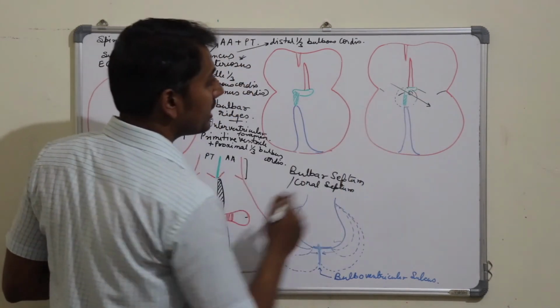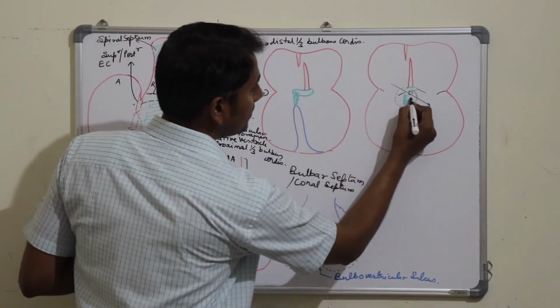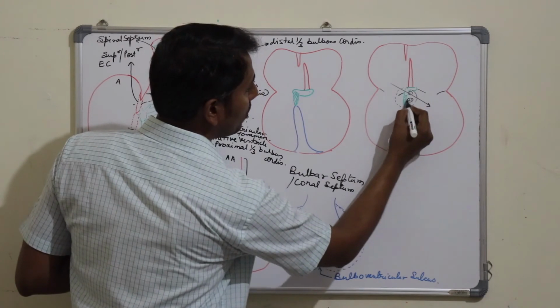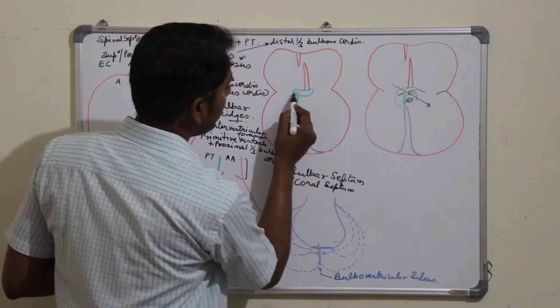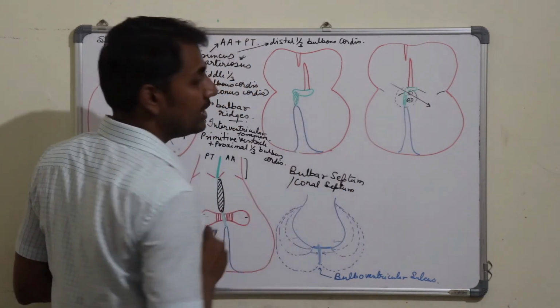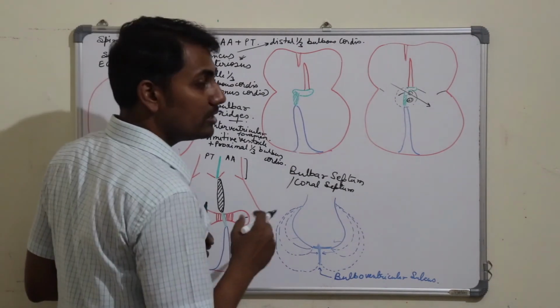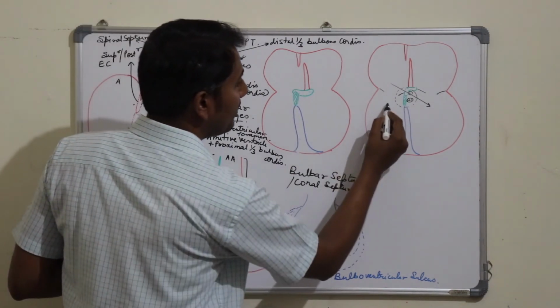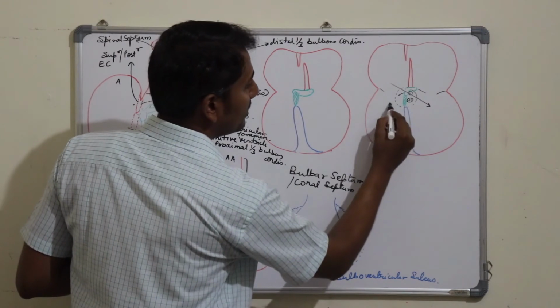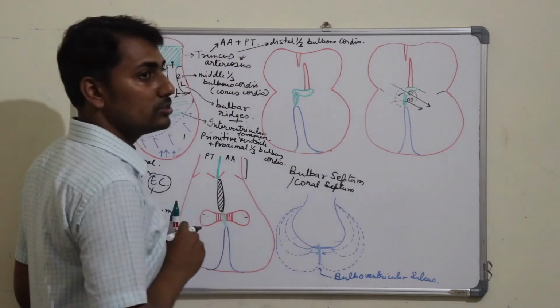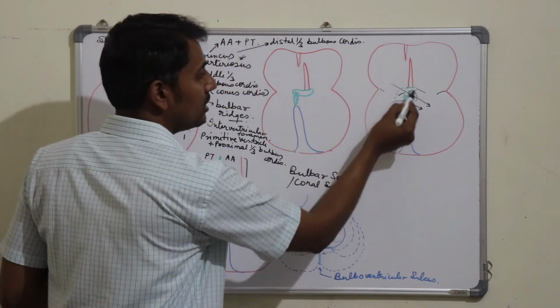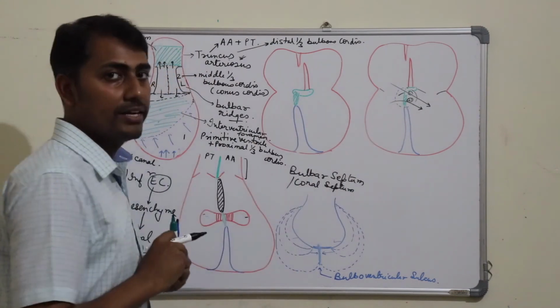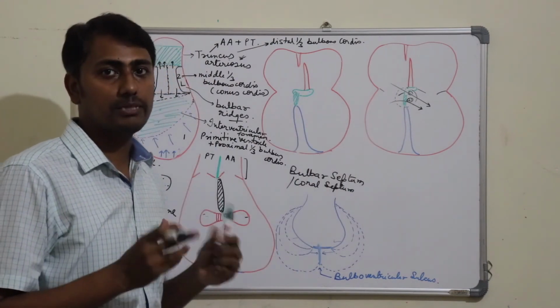And the second part is the proliferated part of the AV cushion from the right side of the endocardial cushion, which is now dividing the right ventricle from the left ventricle. So these two parts of the AV cushion will form the membranous part of the interventricular septum.